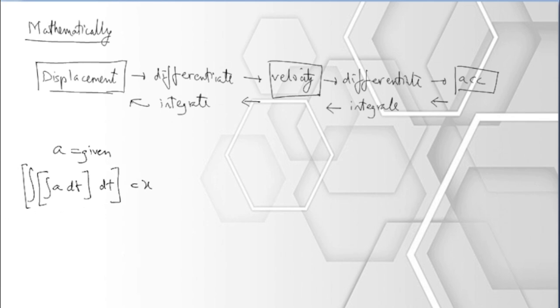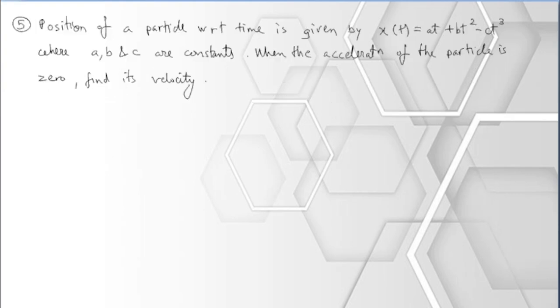Now there are certain examples which will demonstrate just that. I would set up a question. Position of a particle with respect to time is given by x equals to at plus bt squared minus ct cubed, where a, b and c are constants. So a, b and c are three constants. When the acceleration of the particle is 0, find its velocity.